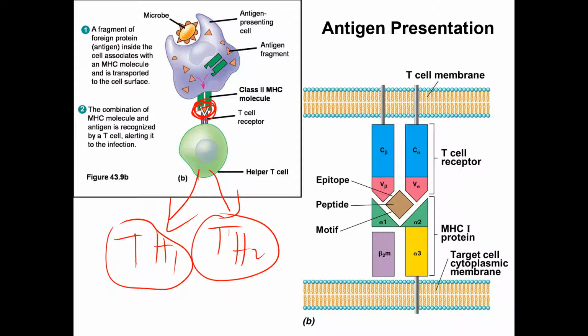And then your MHC class 1 protein has its little constant region that attaches into the membrane of your antigen presenting cell, and it's displaying the antigen and the particular epitope that your T cell is interacting with. Its variable regions are specific to this particular epitope.